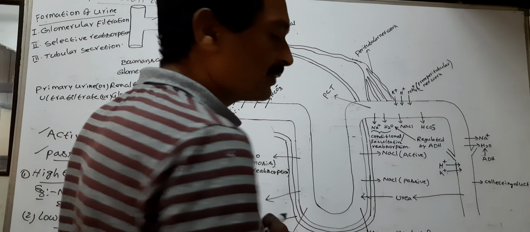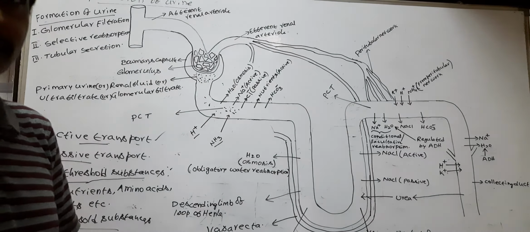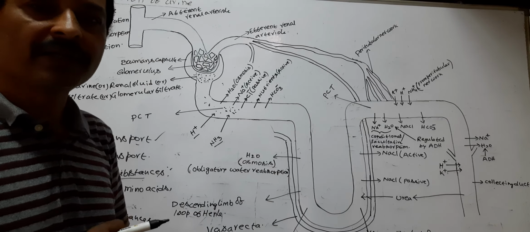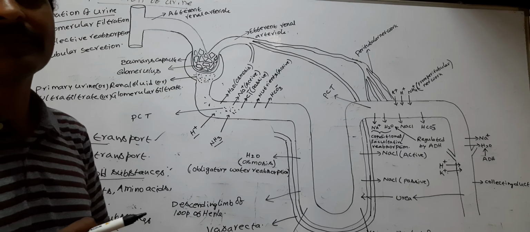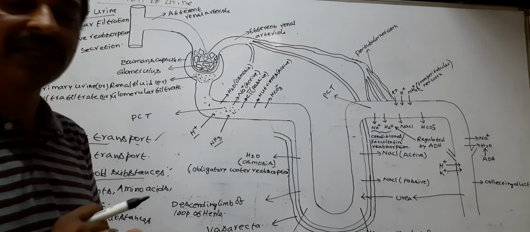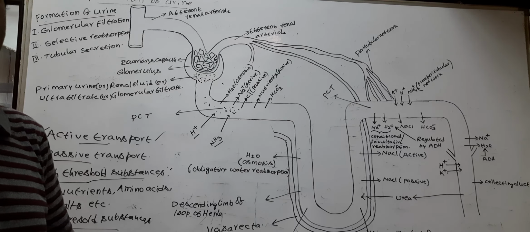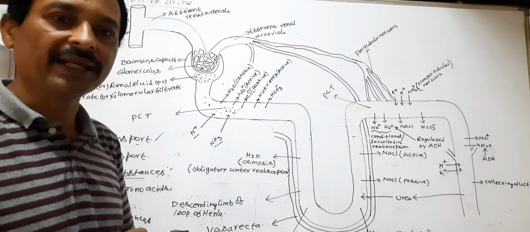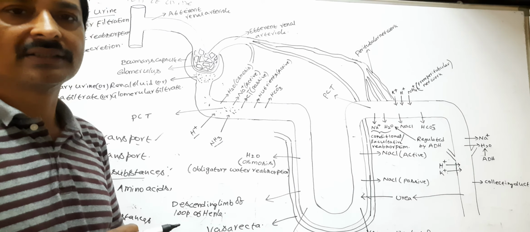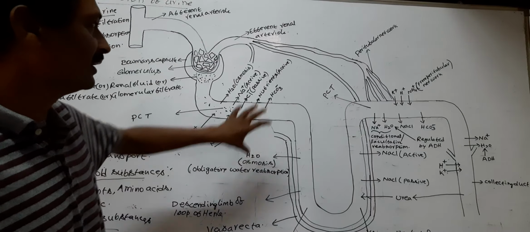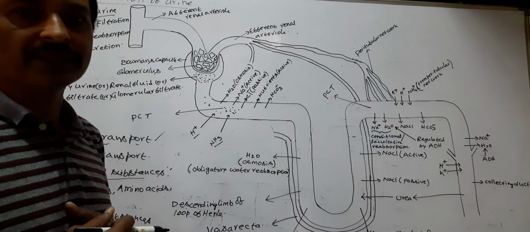The process of secretion plays an important role in the formation of concentrated urine in the nephron, and also maintains ionic and acid base balance in the body fluids.